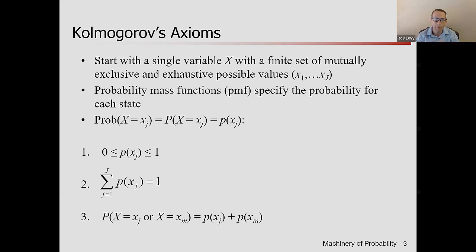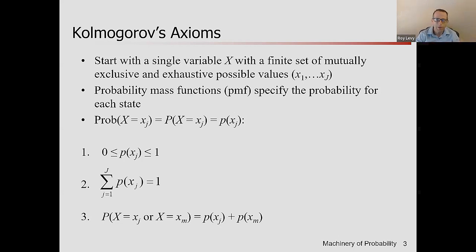And we have a probability mass function that says, what's the probability of this random variable taking on each particular value? I can write that probability expression any of a number of ways. I'm going to use this notation interchangeably, usually just using P and X.